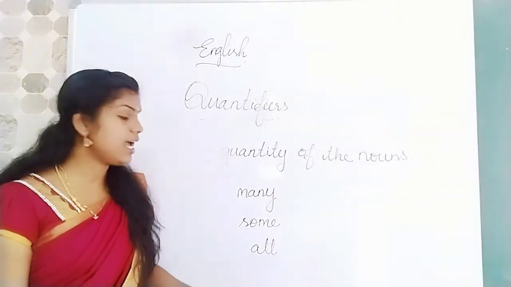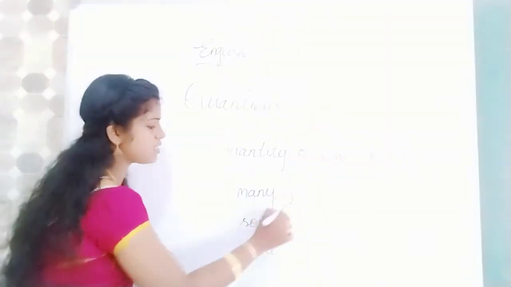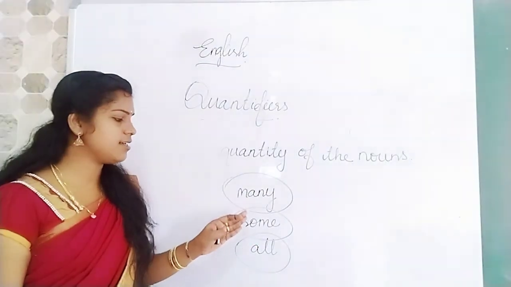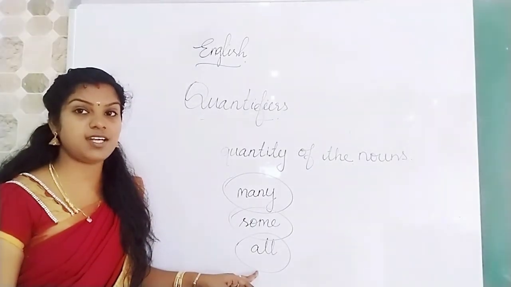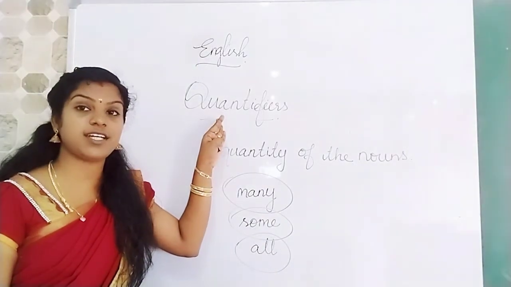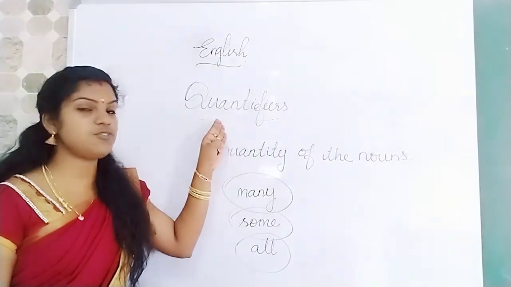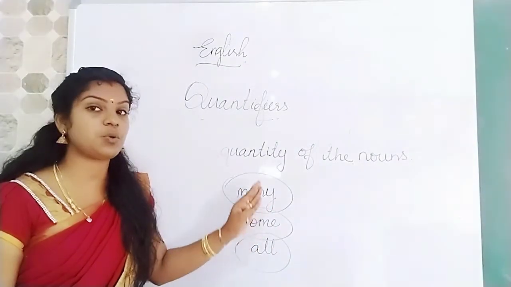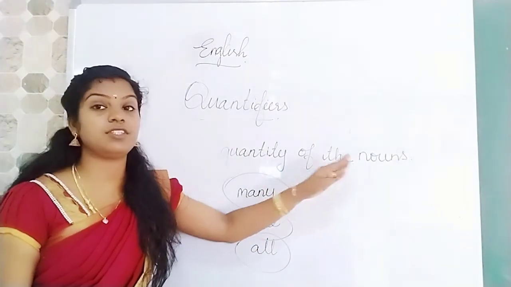I have used some sentences here, but I have noted some words. Have you seen that? Many, some, and all. These are quantifiers, because these words are used to quantify, or show the quantity of the nouns.